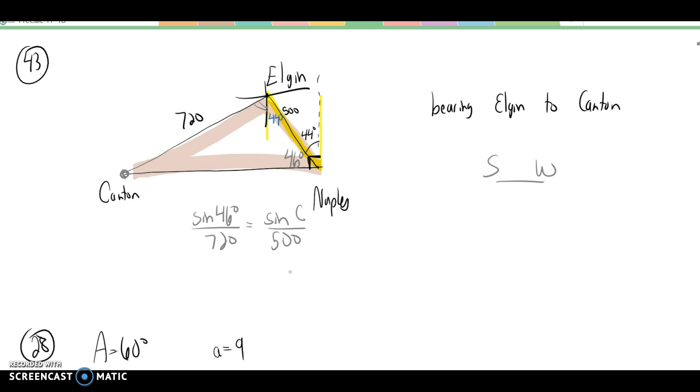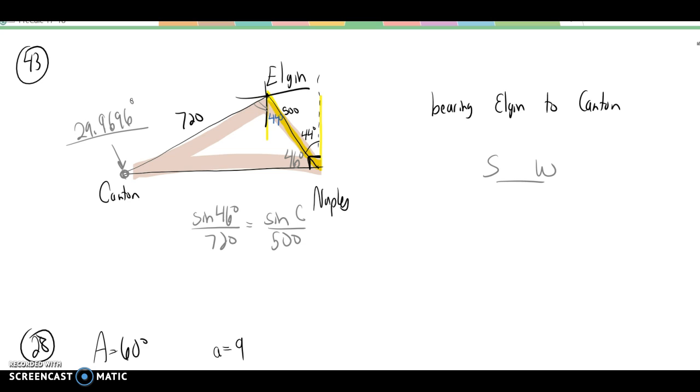So then we could cross multiply, 500 times the sine of 46, divide that by 720, and then the sine inverse of that gives us the angle C is about 29.9696 degrees. And I'm going to store that into my calculator.